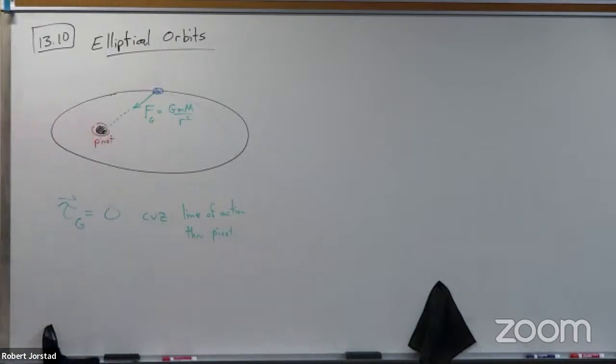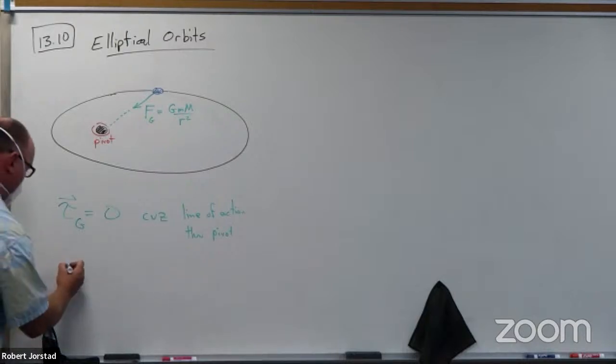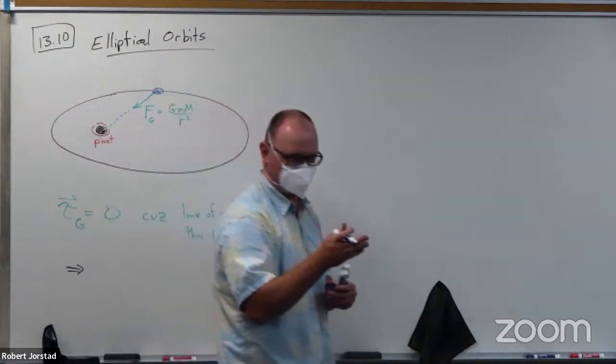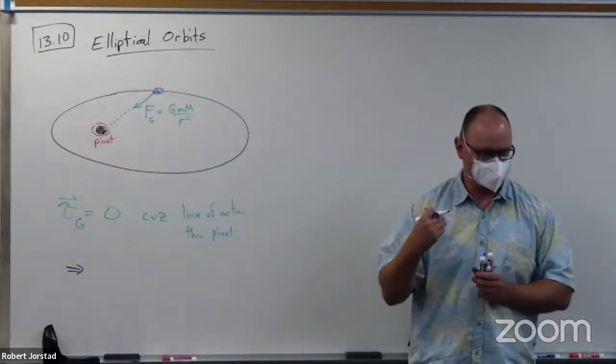Well, wait a minute. Do you know anything that's conserved if torque is zero? What's conserved if torque is zero? We just did a problem. Remember, if work is equal to zero, energy is conserved.